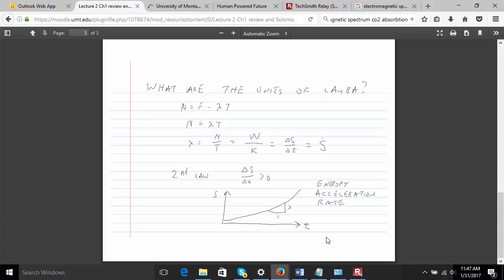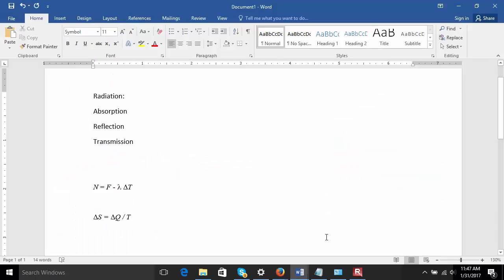Here's the way to look at it. This is sort of the macro, and this is the micro. Let's do it this way.